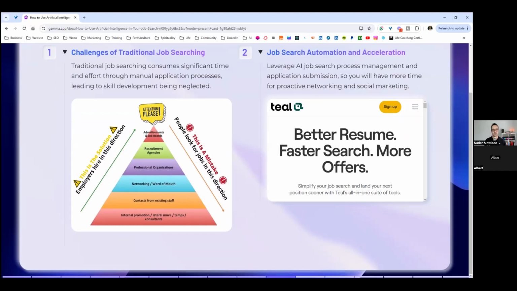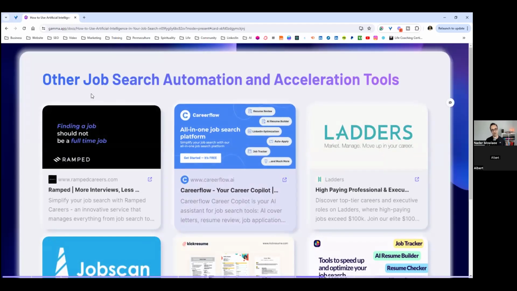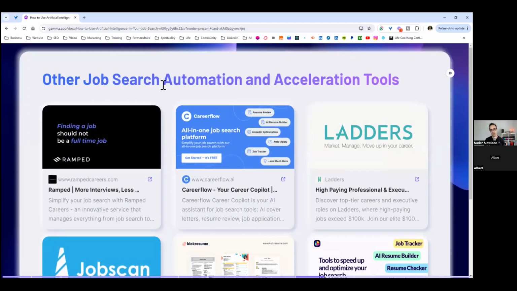It's like the difference between ChatGPT 3 and 4. Get 4 if you want the best results. If you don't, work with the third version. With that said, here is another list of job search automation acceleration tools.